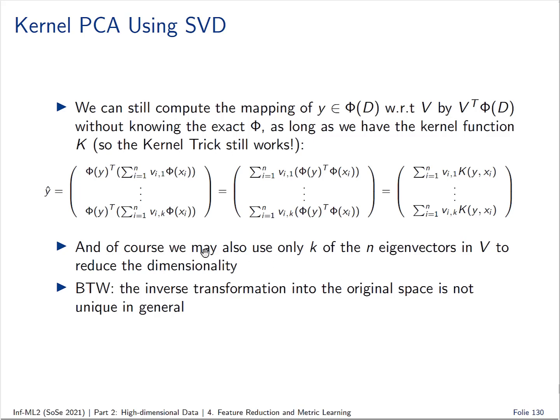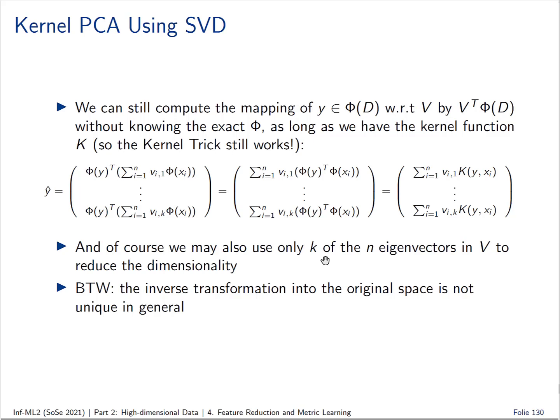Of course, we can also reduce the dimensionality if we only use k of the n eigenvectors in v. Before we had d eigenvectors. Sorry, now we have n eigenvectors in v. And if we want to reduce dimensionality, we just take the first k. That's fine.